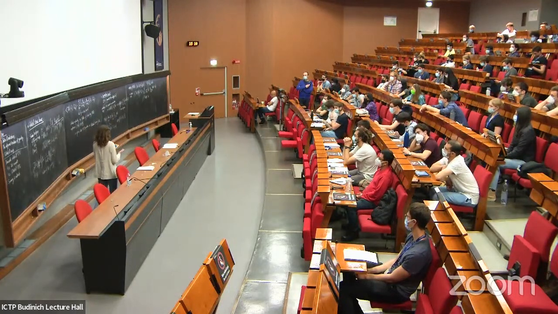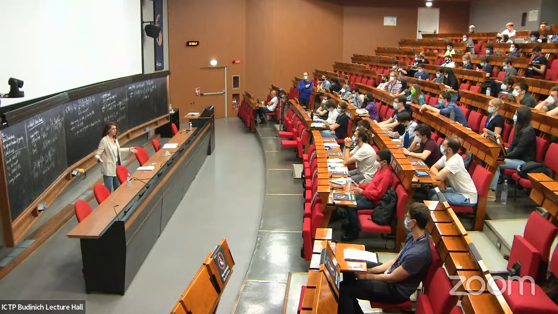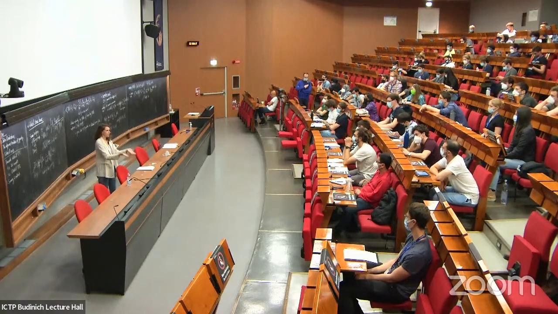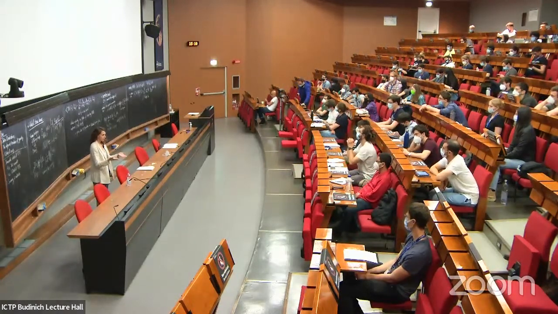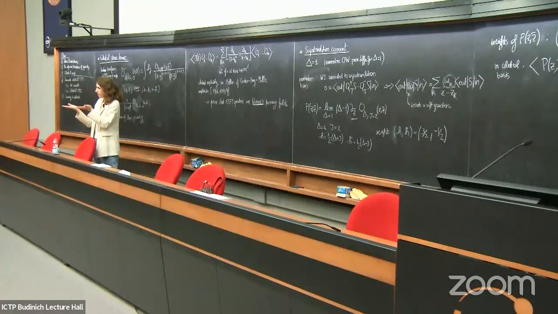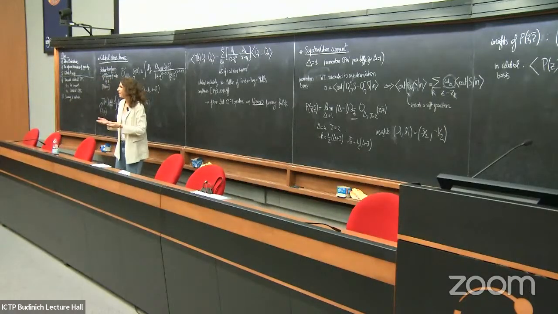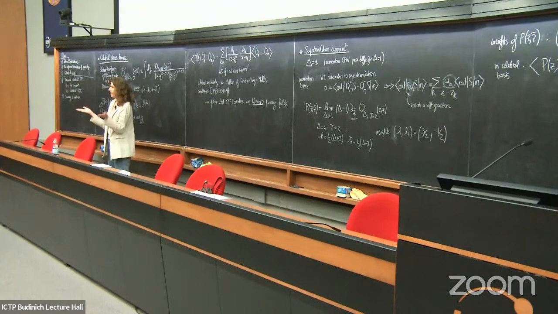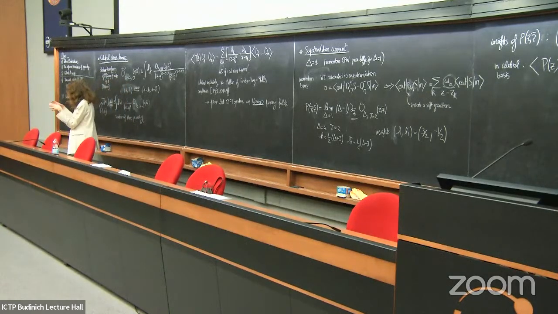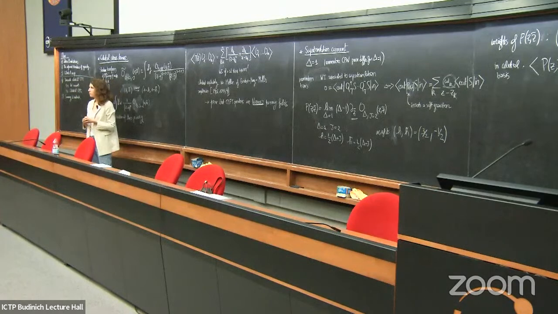And this is the whole philosophy of this program: to have a bottom-up approach where you derive constraints coming from symmetries from what you know, and you hope that at some point these constraints will be so strong, there will be so many of them, that you will isolate a theory that you can identify, or at least you can identify what properties it has.